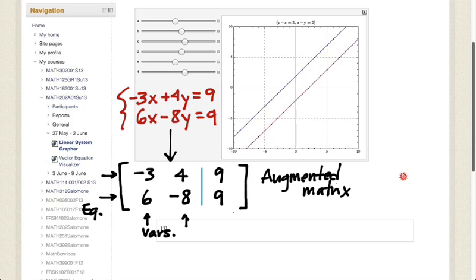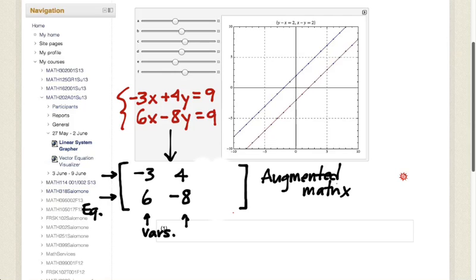Just an observation: on the left of the augmented matrix, negative 2 times the top row is just the bottom row. Let's forget about the right-hand side for just a second. Does everyone see that observation?